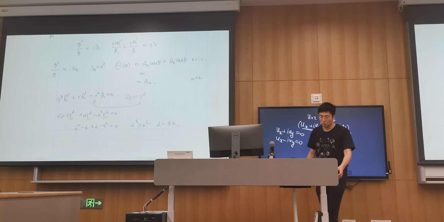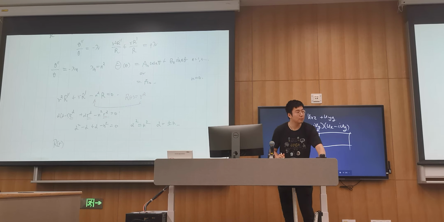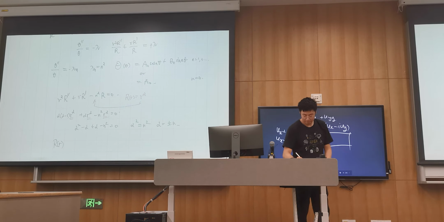And what does it tell me for my R? So let's say this is my Theta n theta, and R n r.